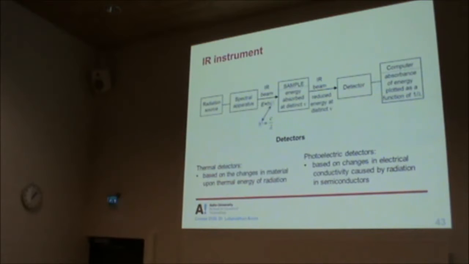One is the thermal detector, where you detect the change in temperature of a mass, and depending on how much infrared radiation is incident, that gives you a corresponding change in temperature, and that gives you an idea about the intensity. And you also have the photoelectric detector, which doesn't work with lower frequency infrared radiation. This is more common to be used.